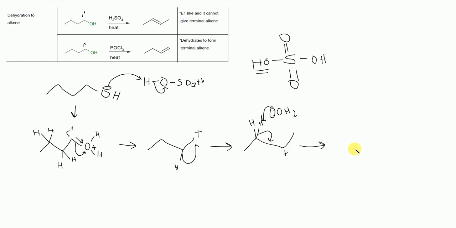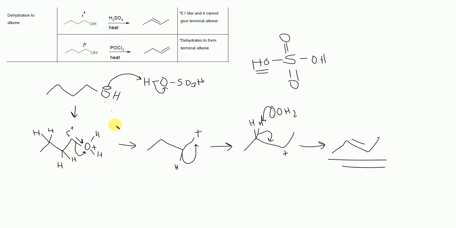And at this point, I form the internal alkene. Okay, so know that in this case, I always form the more substituted double bond when I'm using H2SO4 and heat, and that's really all you need to know, right? You won't be really tested too much on this kind of mechanism right here.